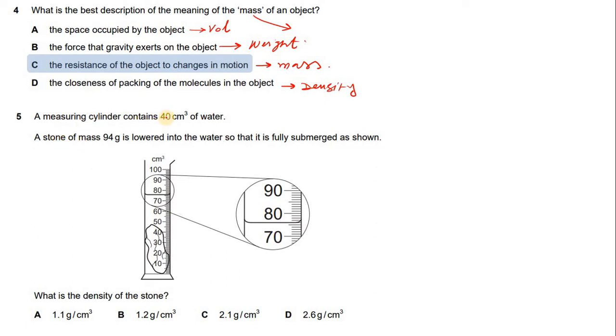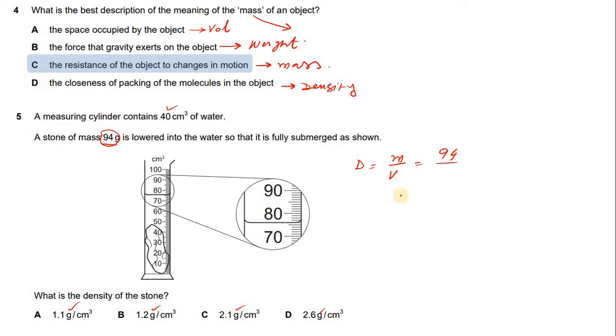A measuring cylinder contains 40 centimeter cube of water. A stone of mass 94 gram is lowered into the water so that it is fully submerged as shown. This is the stone. This is the new reading after submerging the stone. What is the density of the stone? So density D is equal to mass divided by volume, and mass is 94 gram. Do we need to convert into kilogram? All options are given in gram, so we don't need to convert, we can use the number directly: 94 divided by volume.